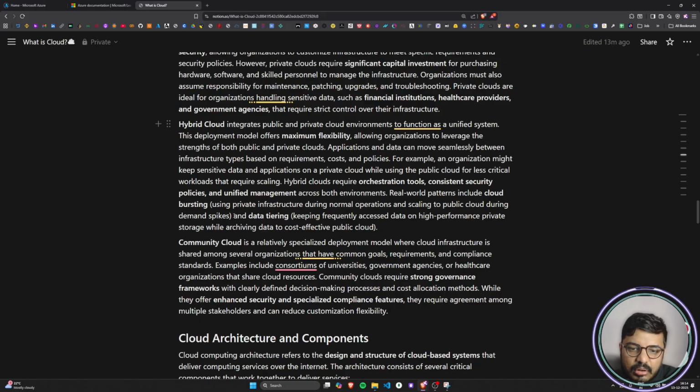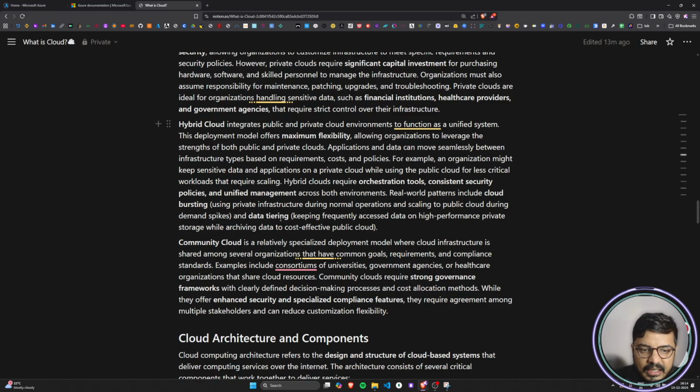So in the real world, let's suppose there is some unusual spike going on in my private cloud. I will not be able to scale up my private cloud at very short notice. In that case, I will spin up my public cloud servers, and I will be able to handle the demand.